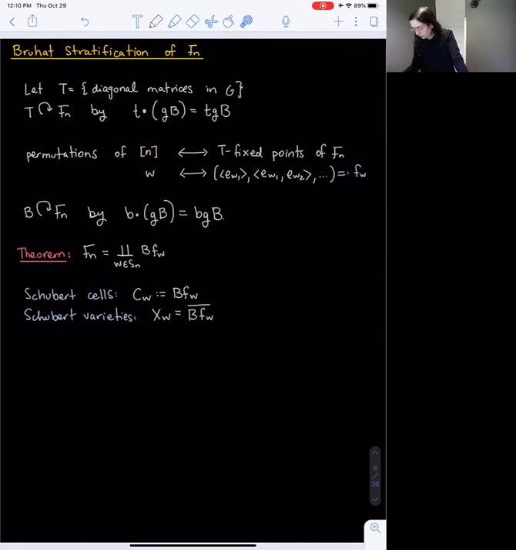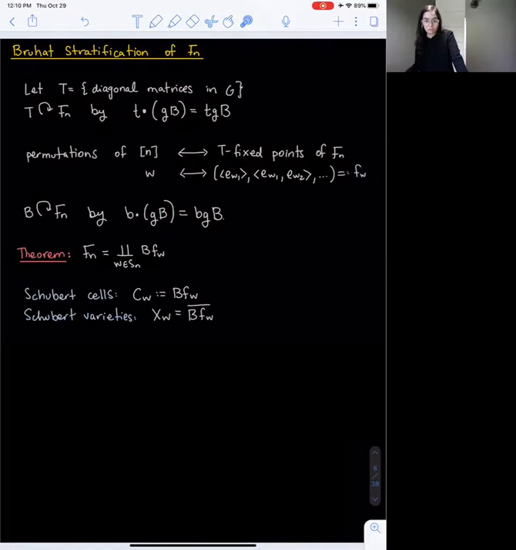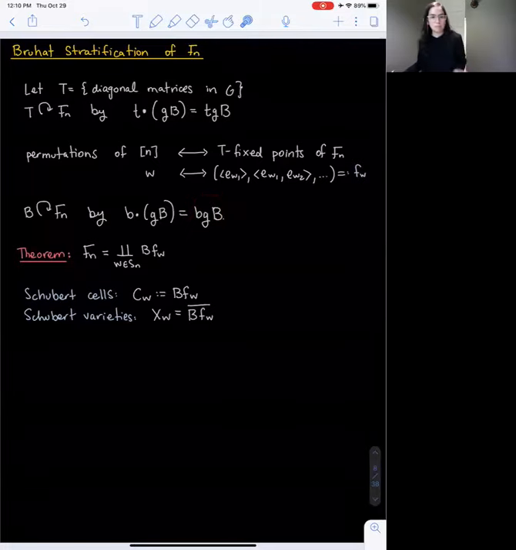If you have the coset of g and you want to act on it by an upper triangular matrix, you multiply the matrices b and g and see what flag they give. One of the reasons this action is very nice is the theorem that you can stratify your flag variety as a disjoint union of certain orbits.